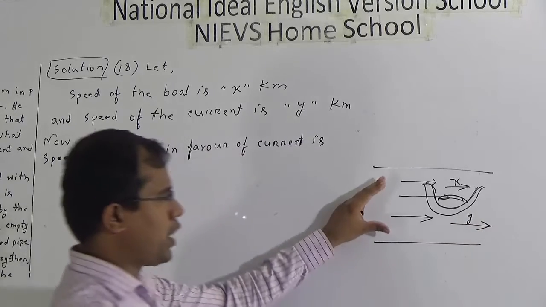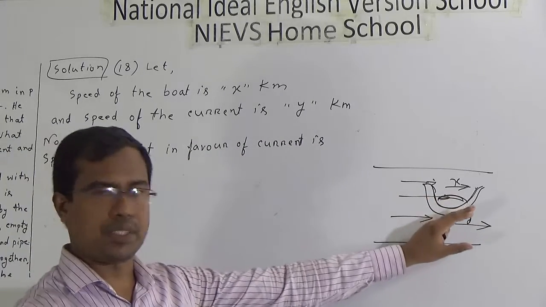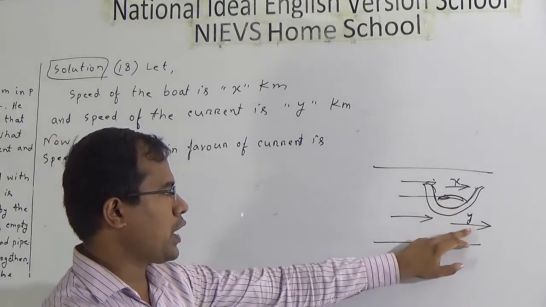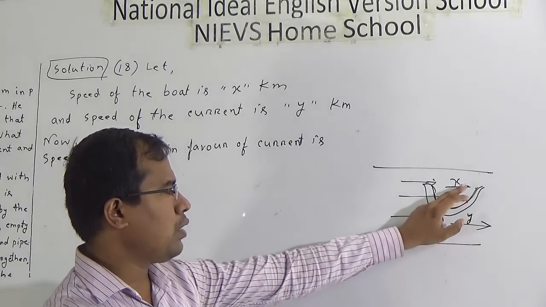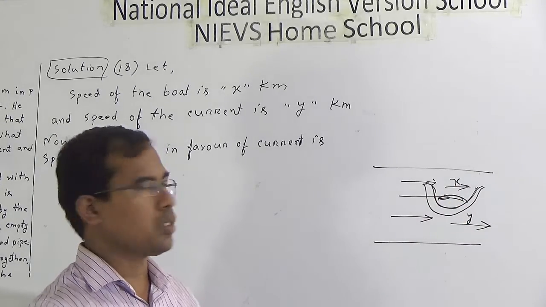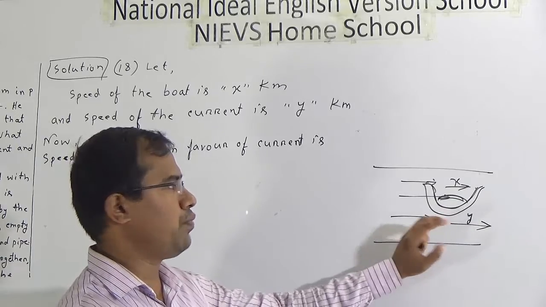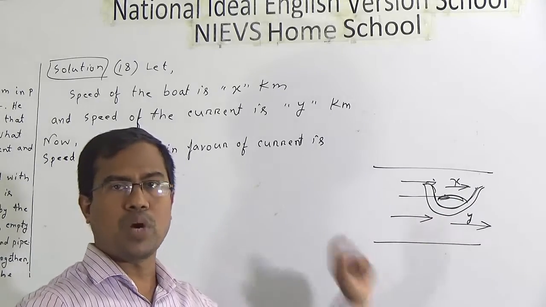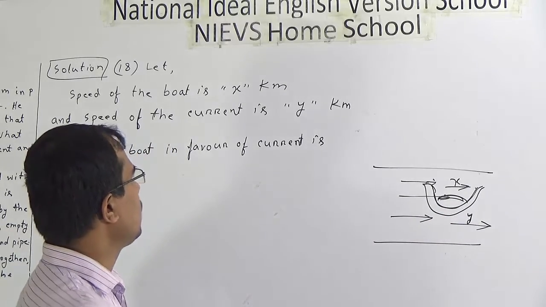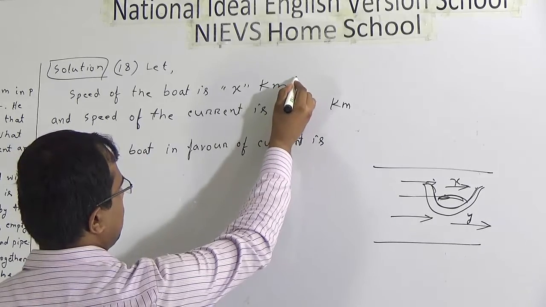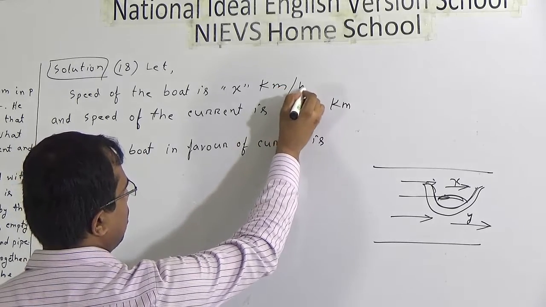So in favor of current, speed of the boat will be increased. Here speed of current will be added with speed of the boat. So ultimately speed of the boat will be x plus y kilometer per hour. Dear students, here you have to write per hour.